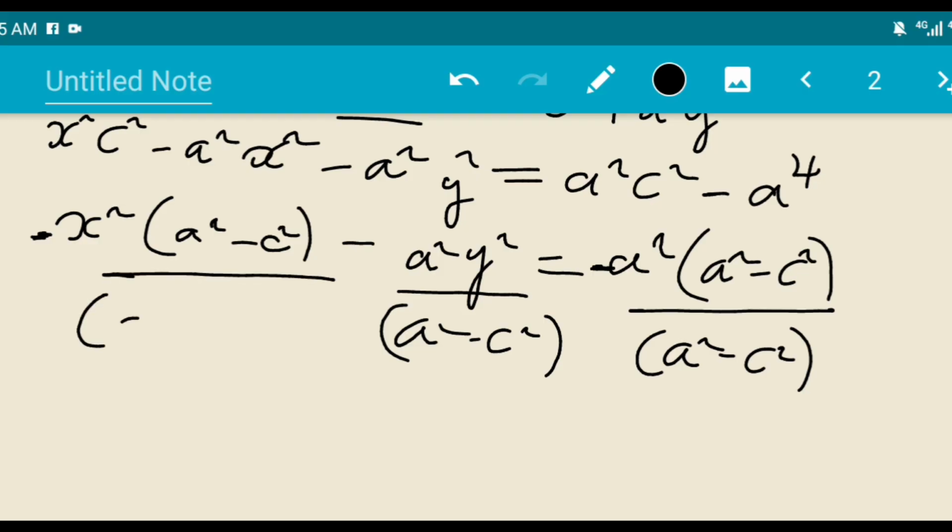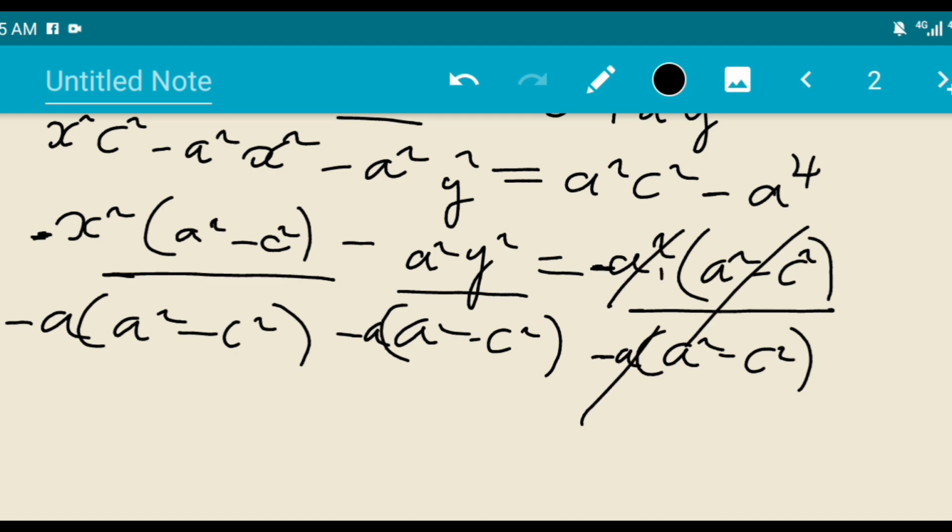This will be a squared minus c squared. We close. So when we cancel this out, in fact, let's include the a, the minus a, so that when this goes, this goes, this goes, this goes, what we're going to have here is a 1.